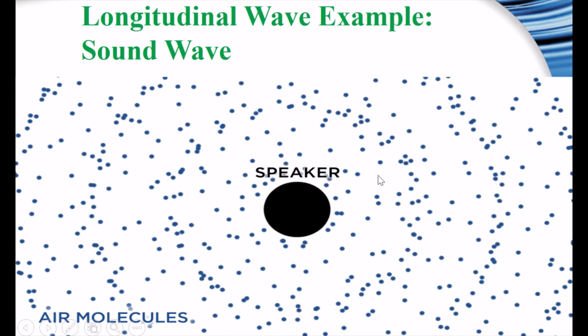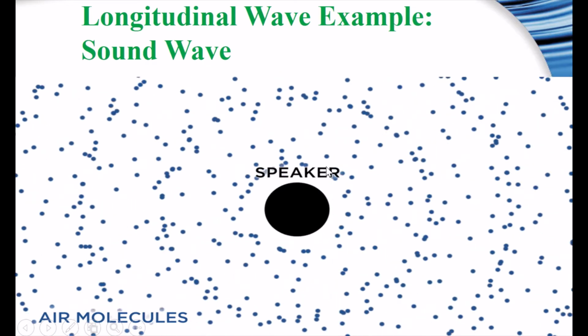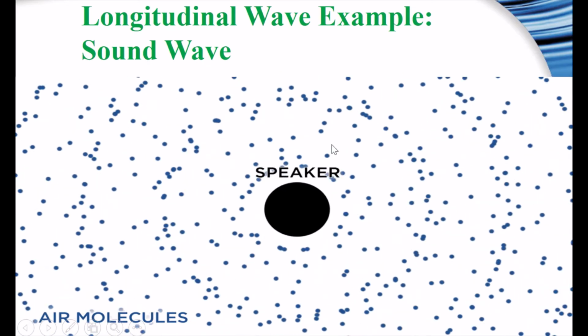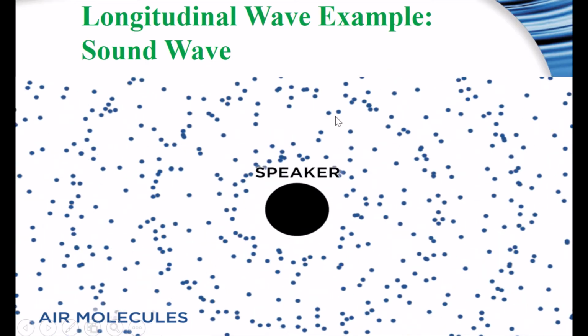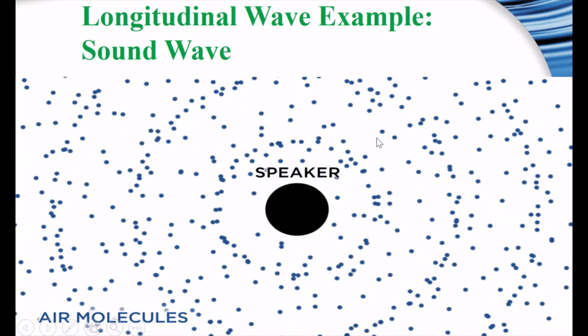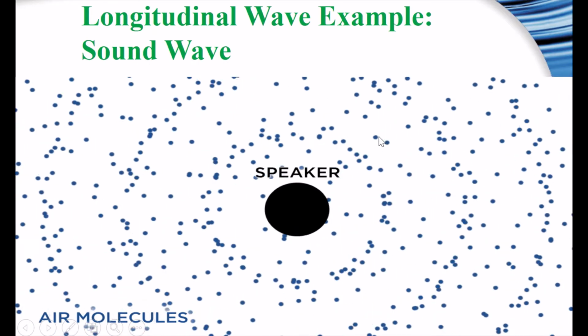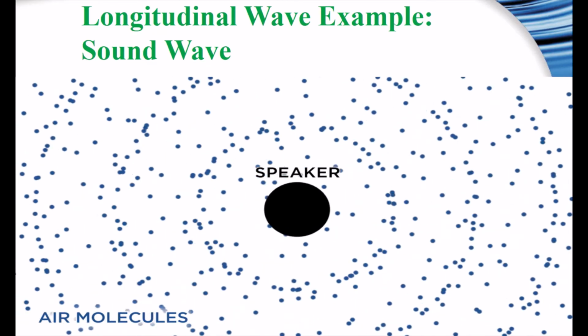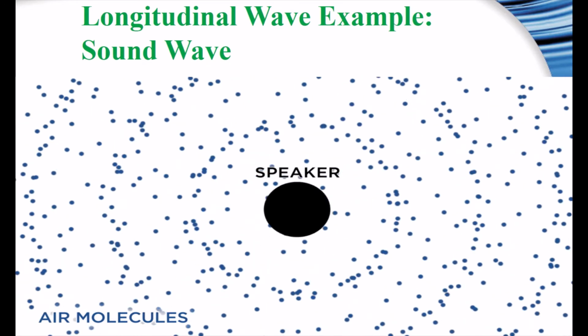Remember, for longitudinal waves, the particles along the wave are actually oscillating or vibrating in the direction parallel to the wave travel. So if we just pick any particle and stare at it, let's say we pick this one, I'm trying to follow with the mouse cursor, you can see that it is oscillating to and fro parallel to where the wave is traveling. In this case, this is a circular wave, but if it's a plane wave, a linear wave, you will see the same effect.